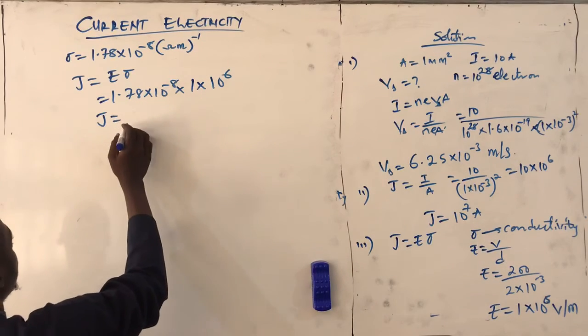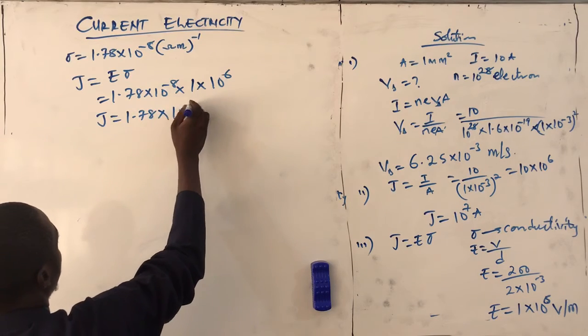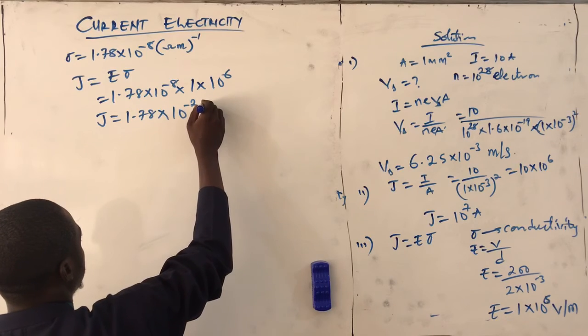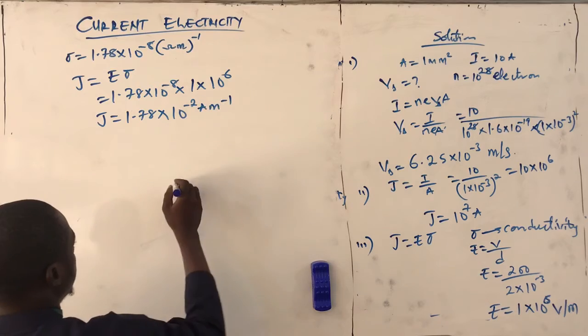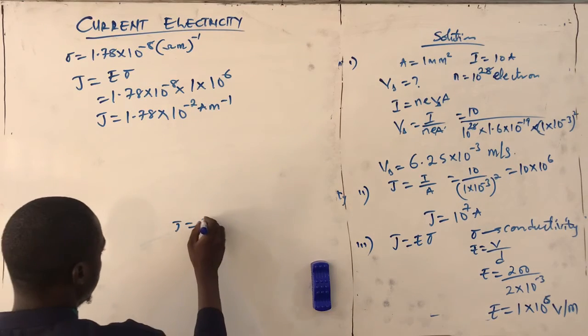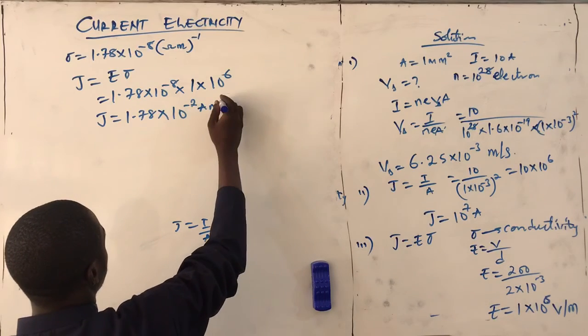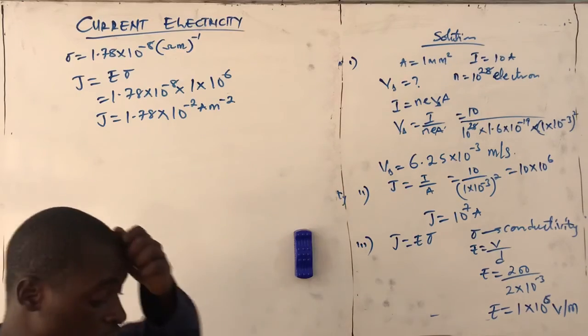Then the current density will be 1.78 times 10 raised to power minus 2 ampere per meter squared. So this is the solution to this simple question.